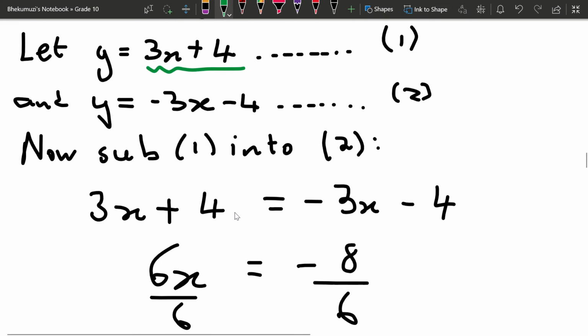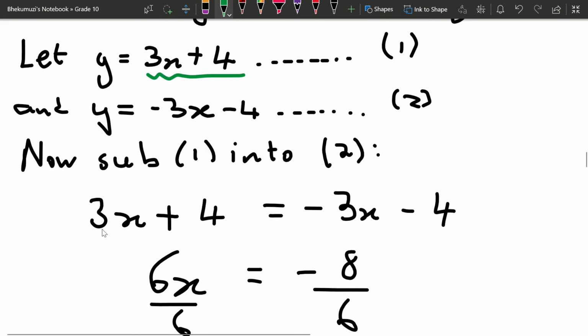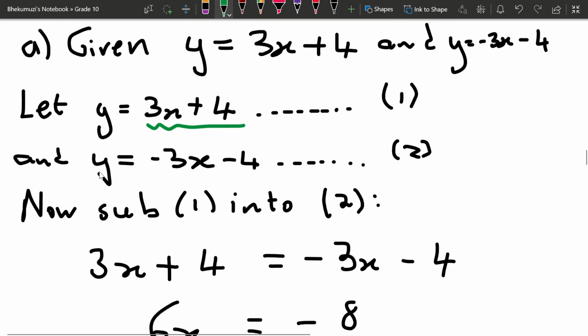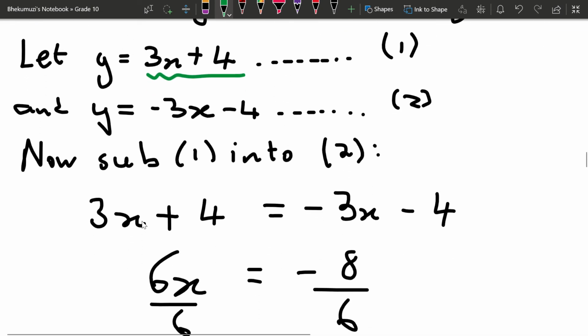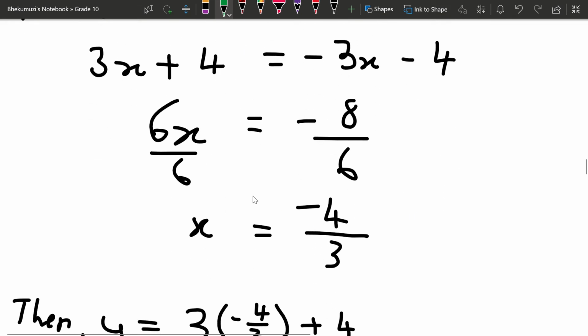So that's what happened here. Then we have 3x plus 4 because I've replaced this y on this side. So it's 3x plus 4 is equal to minus 3x minus 4, and from there it's quite straightforward that you get x equals minus 4 over 3.